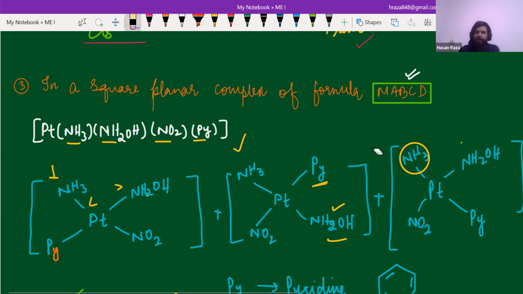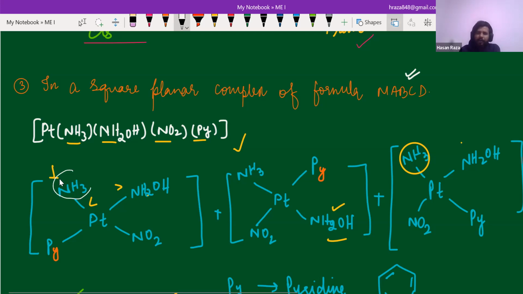So you can see, if all the ligands are different, how are you going to tell the number of isomers formed? You keep one of the ligands constant and rotate the other three.